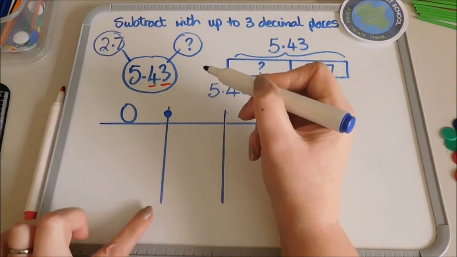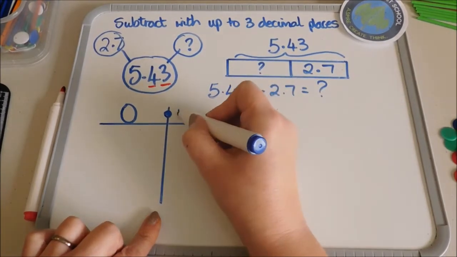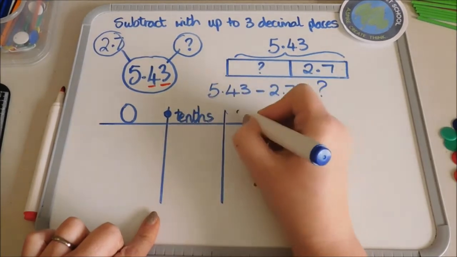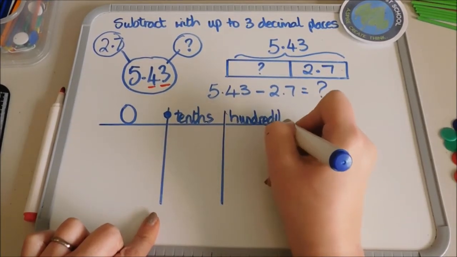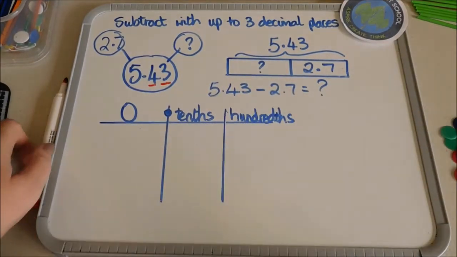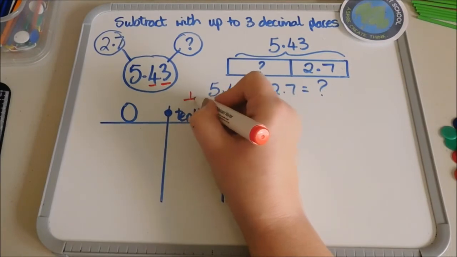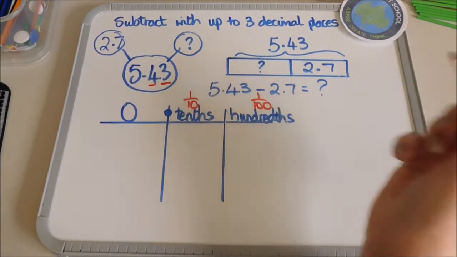My decimal point sits on the line, the decimal point never moves, and then I have my tenths and then my hundredths. Now sometimes your tenths and hundredths can also be shown as fractions, so tenths, hundredths.